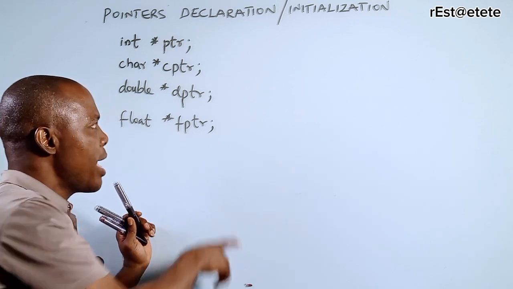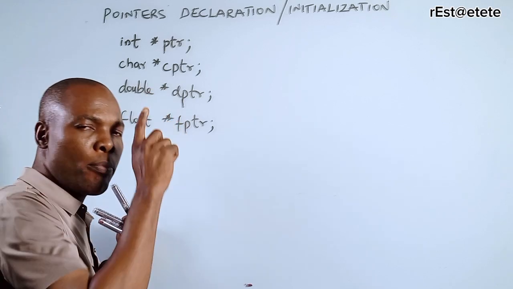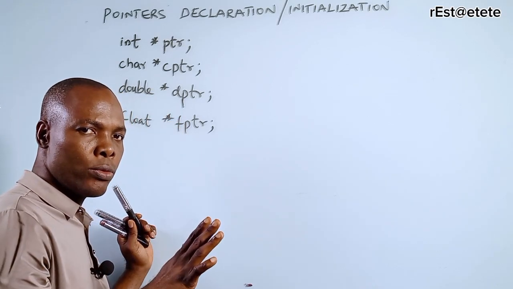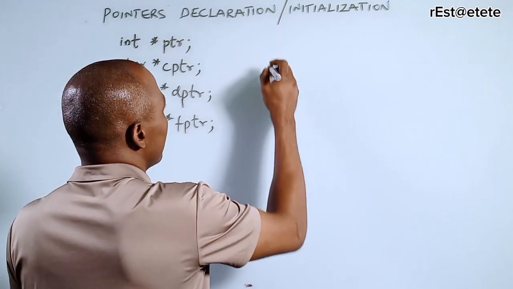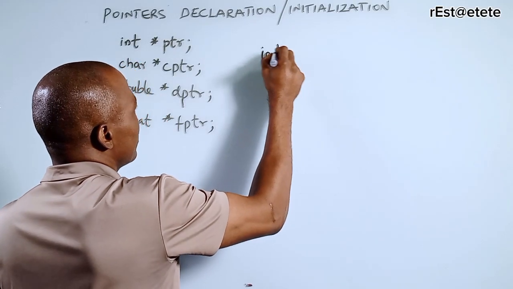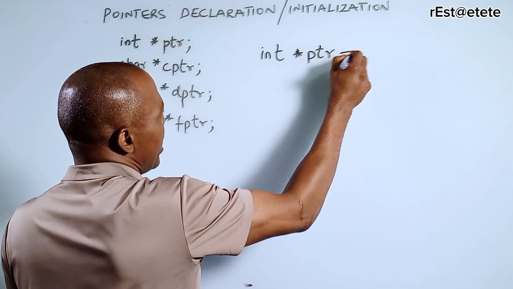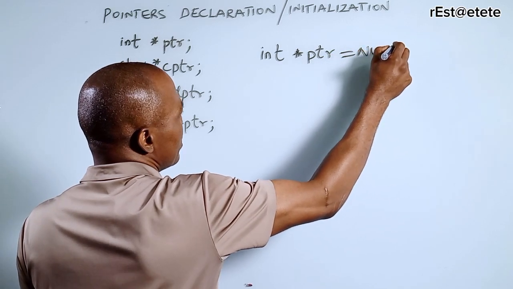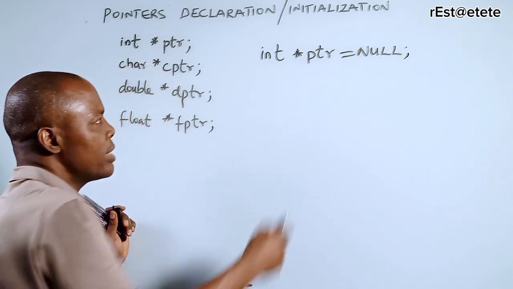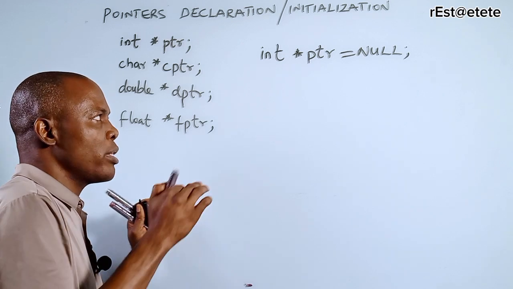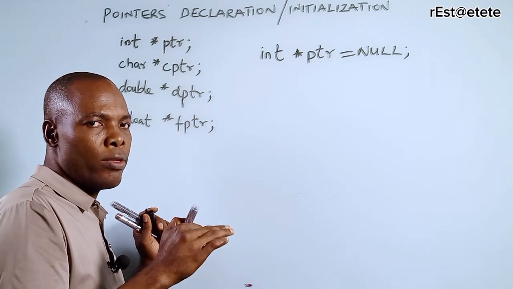So what will I do? I can actually declare a pointer and point it to a null value. I can say int ptr, then I will assign null to it. By doing this, I'm pointing my pointer to a null value.